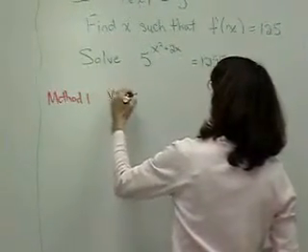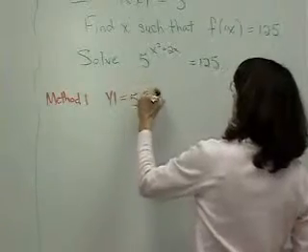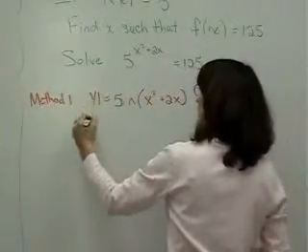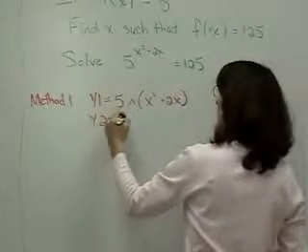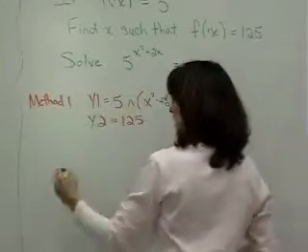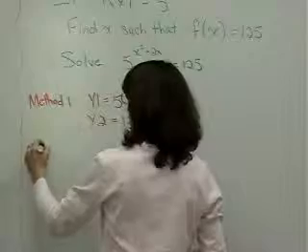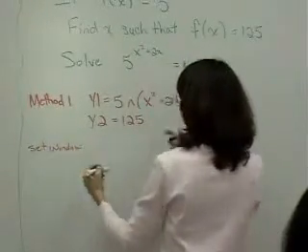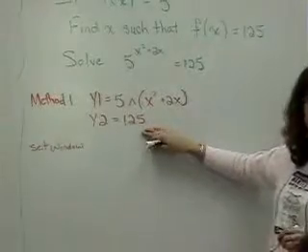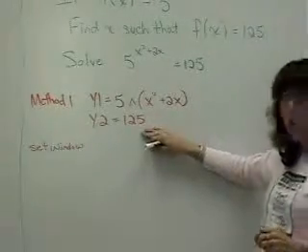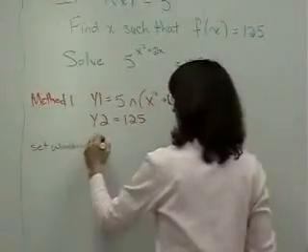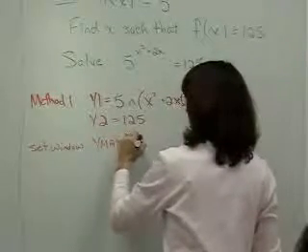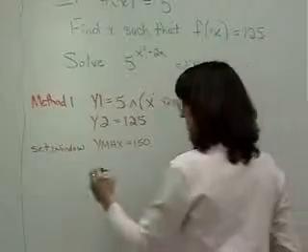Y1 is equal to 5 raised to the x squared plus 2x. y2 is equal to 125. You would set your window, but you know that you're going to need to go up to 125, so y max has got to be something big. Let's go even 150.